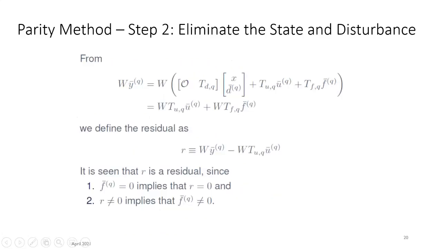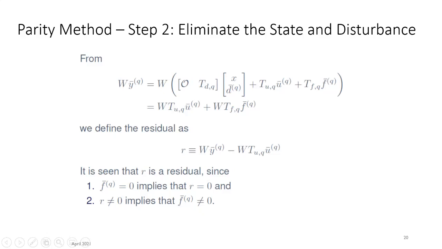Again, I have repeated that. So now we have this equation: W multiplied by Y is W multiplied by T multiplied by U plus W multiplied by T multiplied by F. If F is 0, then we have W multiplied by Y is equal to W multiplied by T multiplied by U. So if I move this W multiplied by T multiplied by U to the other side of the equation, and I define it as R, let's see what we have.